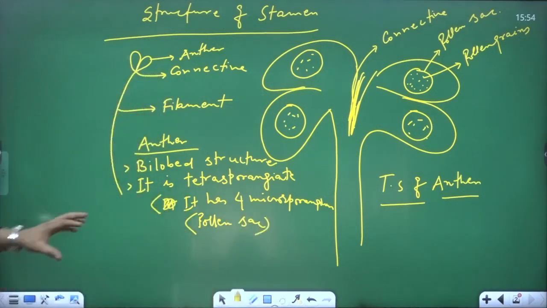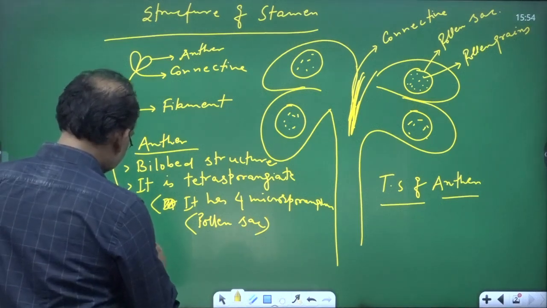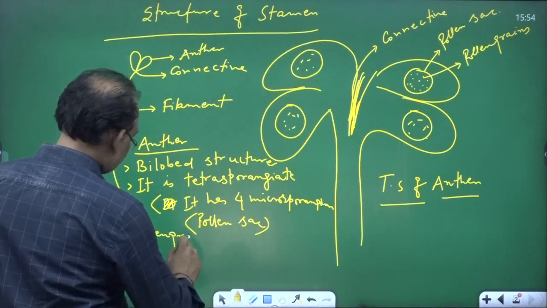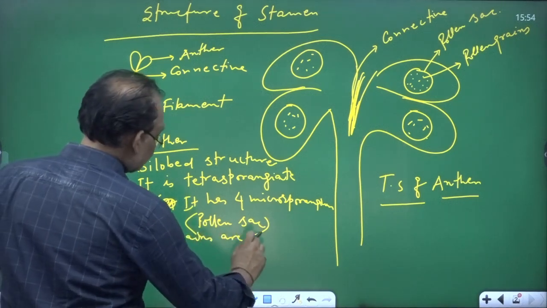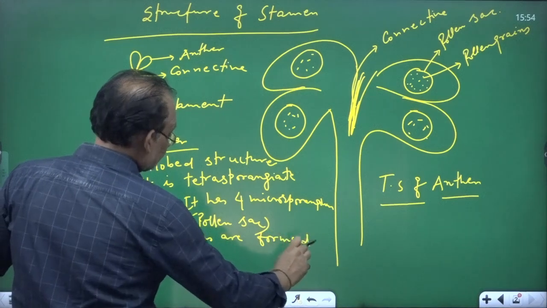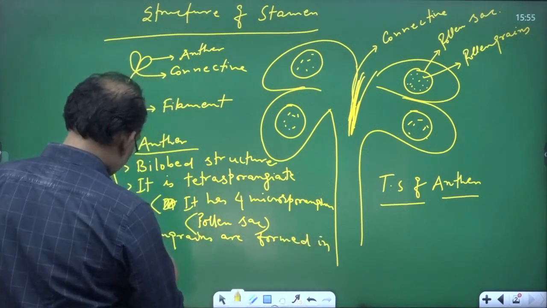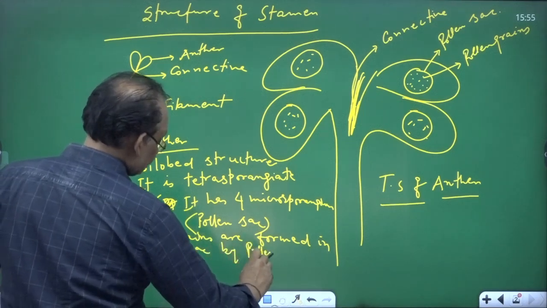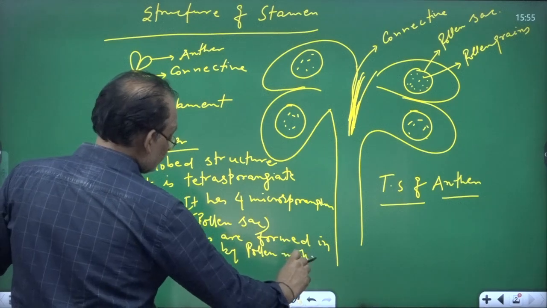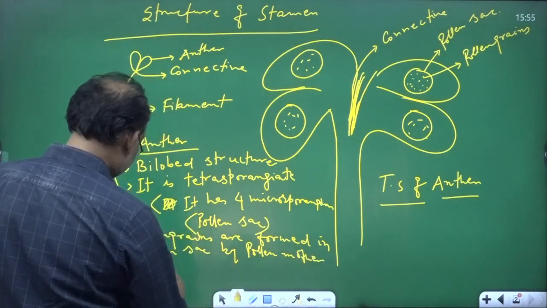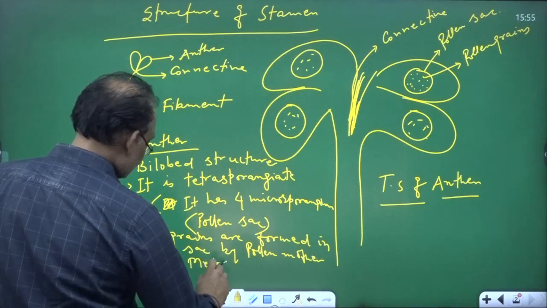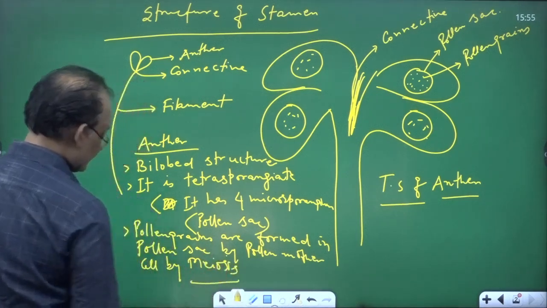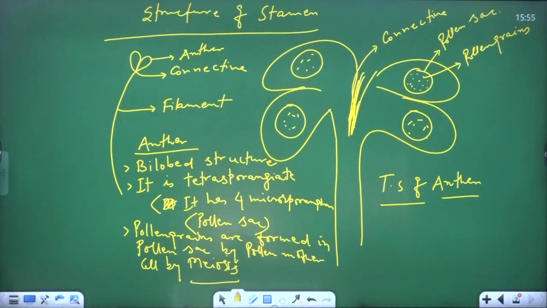In this pollen sac, pollen grains are formed by pollen mother cells by meiosis. So pollen grains are produced by meiosis. What is a pollen grain?